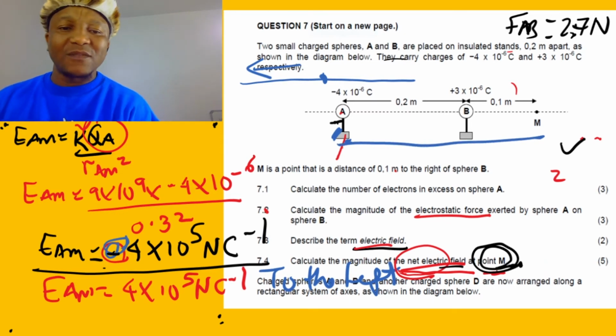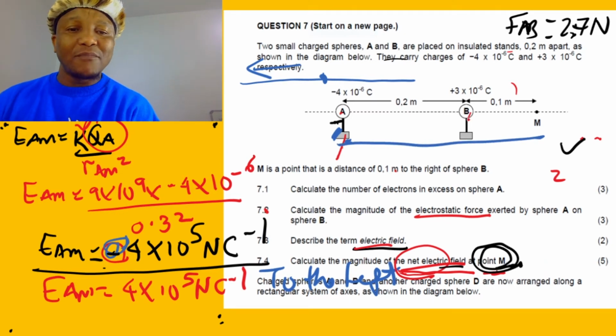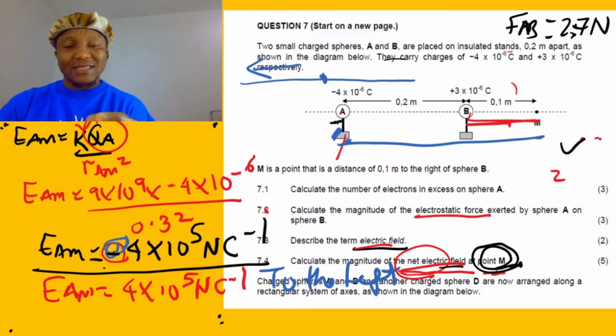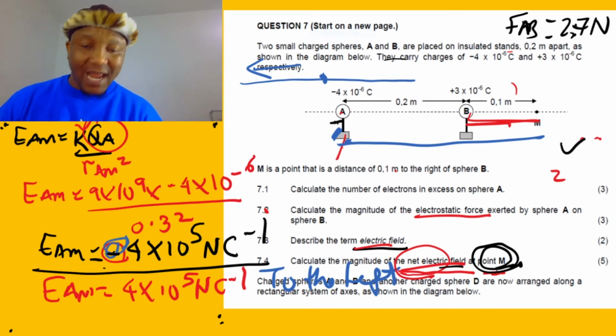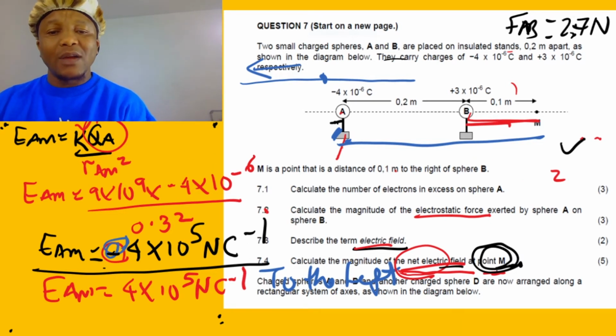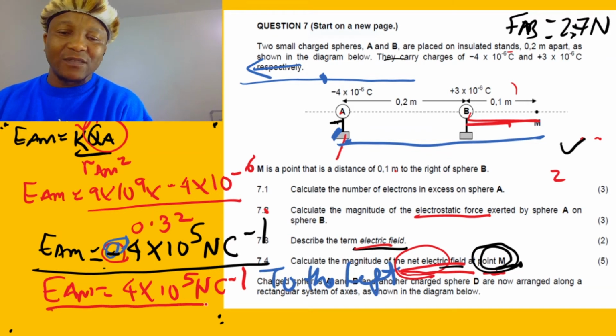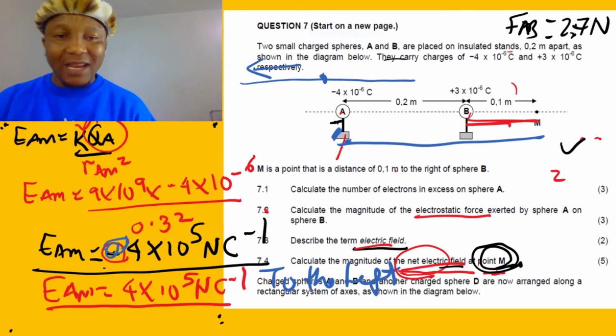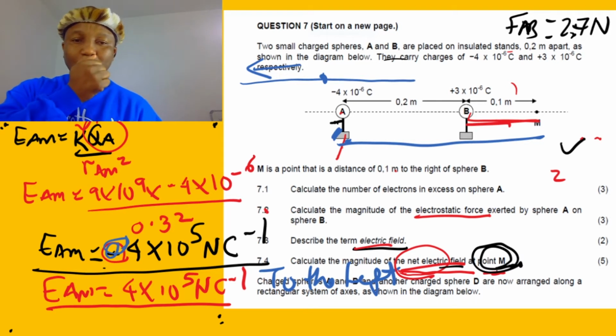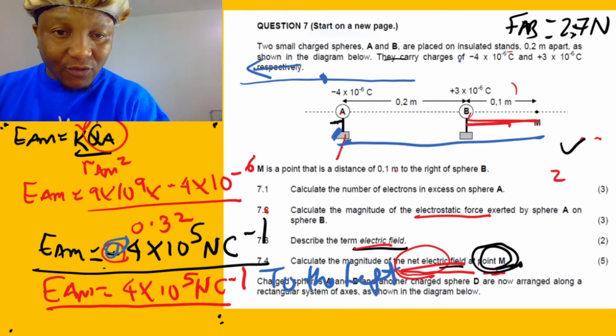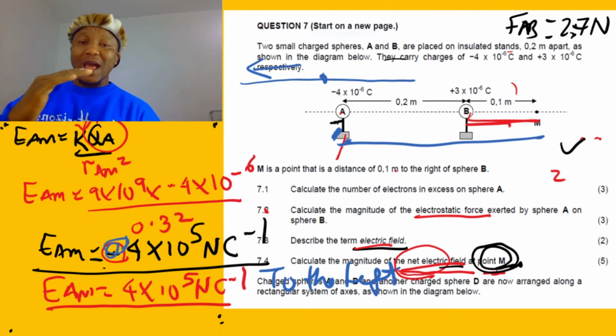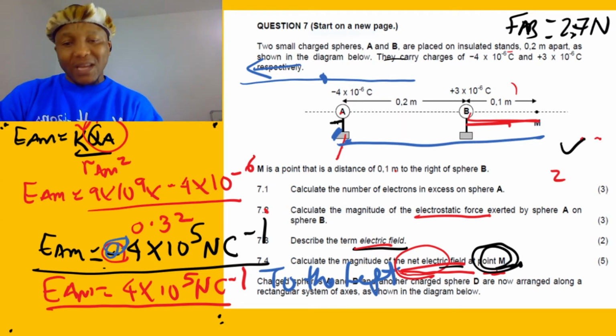Now, because we want to get the net, we need the electric field of BM, and then we're going to find their sum or difference to get the net electric field. Let me write the electric field that I got here on the side, because we're going to use it. In your solution, write everything in a good order. My space is very limited, that's why.